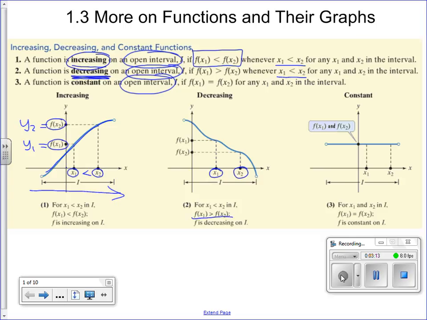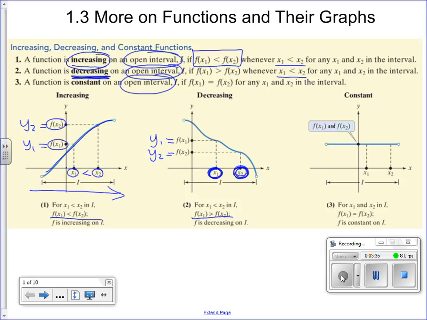So that one is right here. That will be the y value that corresponds to this x value. And here we have the y value that corresponds to this x value here. So if you notice, the difference between increasing and decreasing is how the y values are positioned, where they're located. Okay?